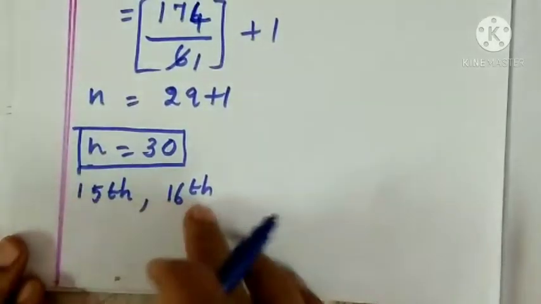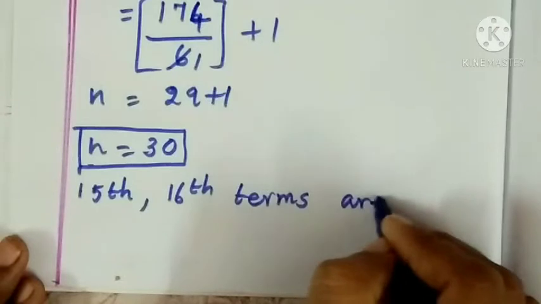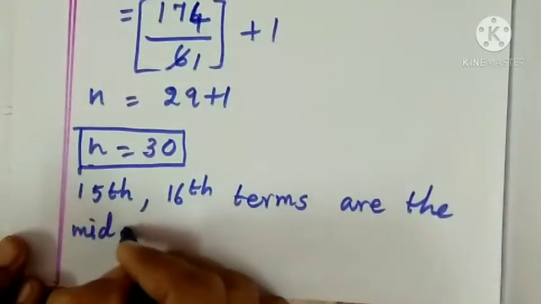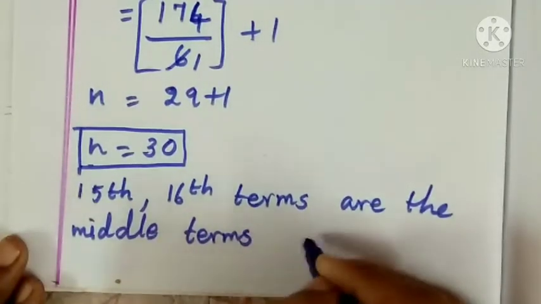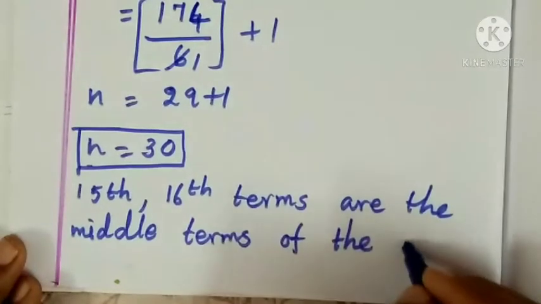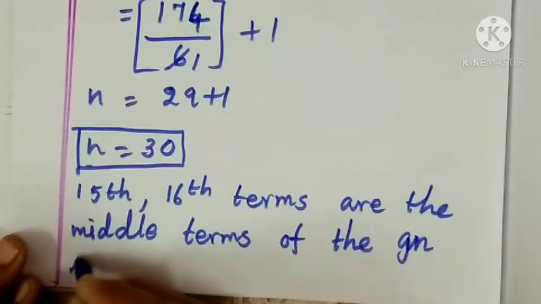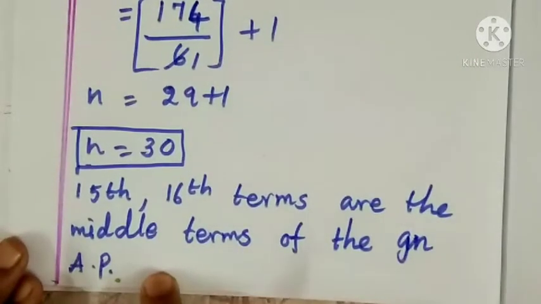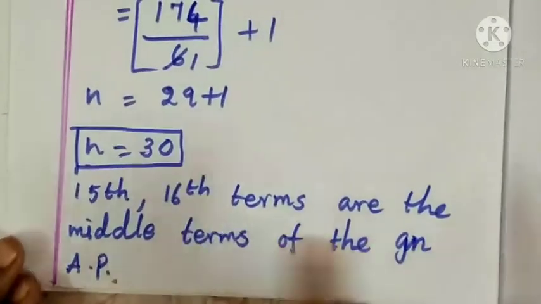The 15th term and 16th term are the middle terms of the given AP. Now we have to find the value of T15 and T16.